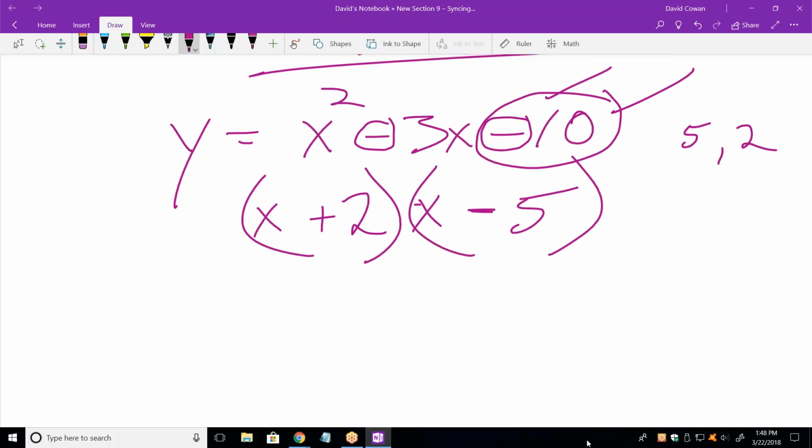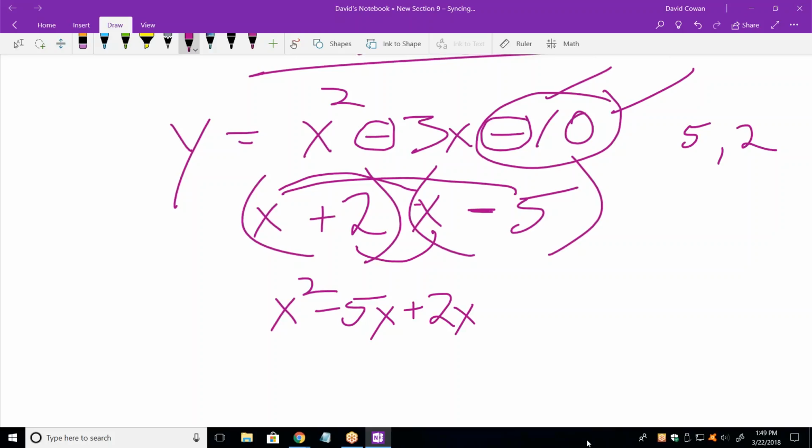Now, let's multiply these two together. When you're first working with factoring, it's always a good idea to take your answers and multiply them together to make sure you got what you started with. Okay, that's x squared. That's minus 5x. That's plus 2x.